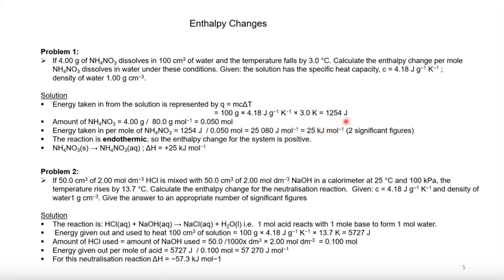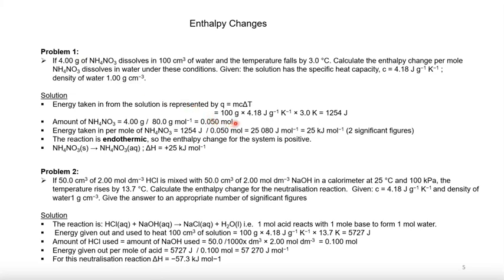So this is 1,254 joules. Now we have to convert it to per mole. We took 4 gram of ammonium nitrate, and if we divide this by the molar mass of ammonium nitrate, we get 0.05 mole.